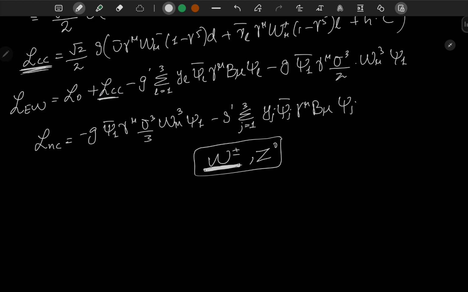Now our natural approach would be to think of W3 mu as Z0, and to correspond B mu with A mu, which corresponds to the photon auxiliary field of QED.